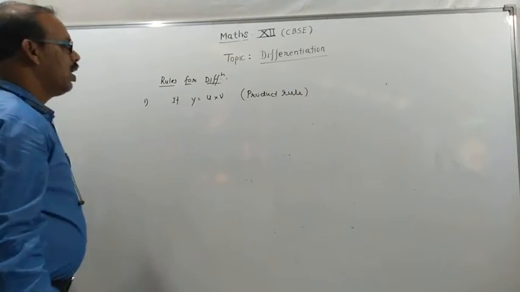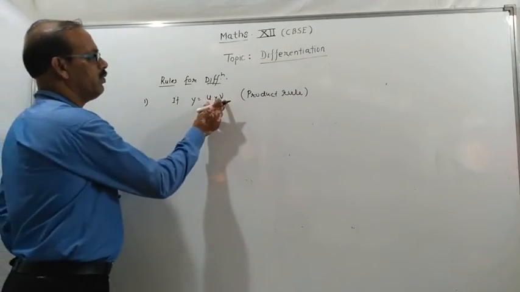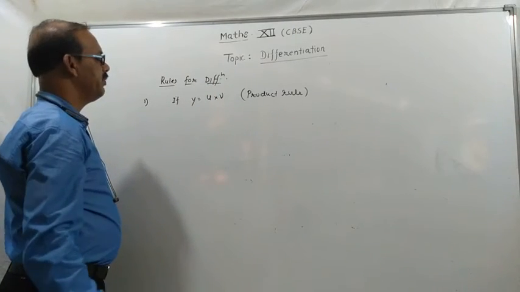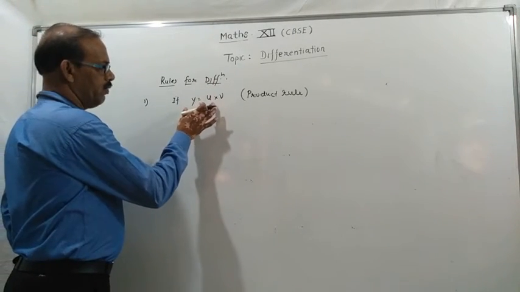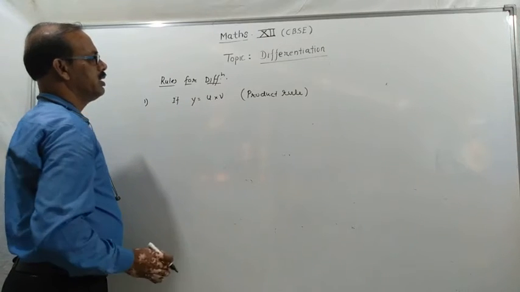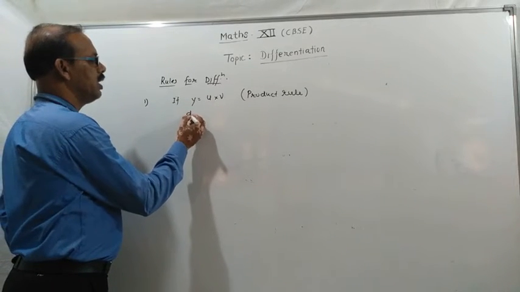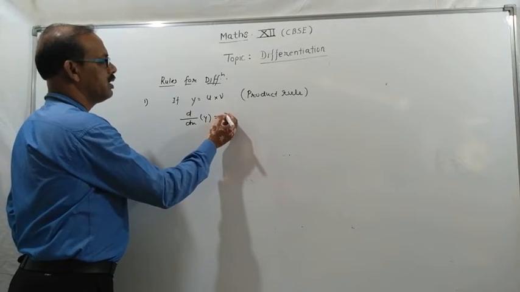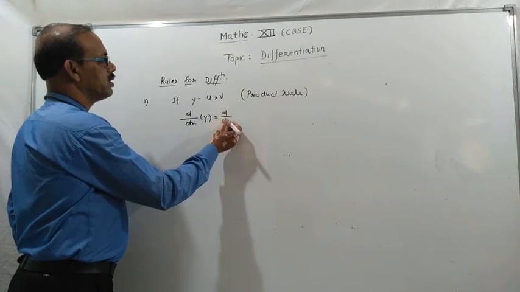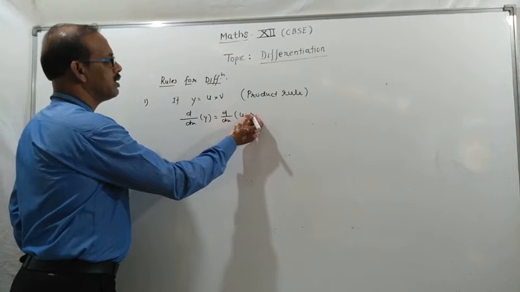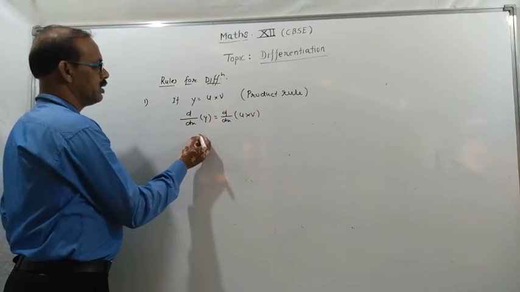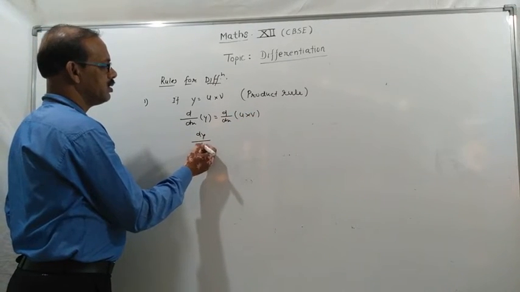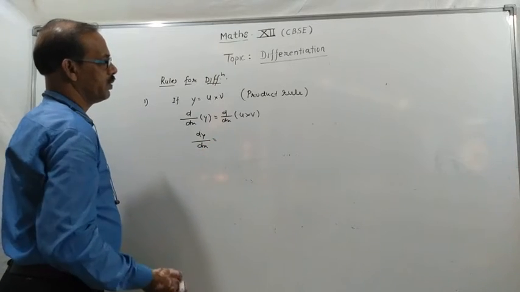Okay, how can we take the derivative of the product of two functions? So, first we differentiate this given function with respect to x. d/dx of the left hand side is equal to d/dx of the right hand side. So it is nothing but dy/dx is equal to.